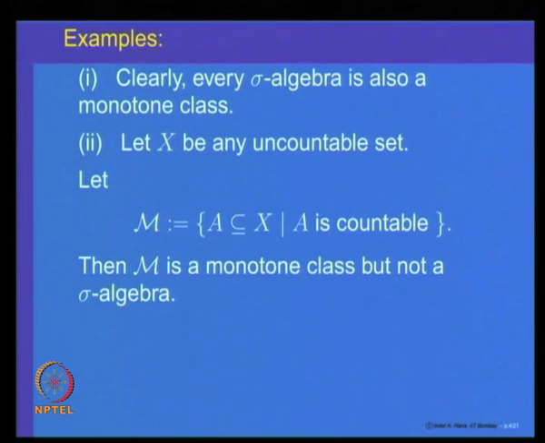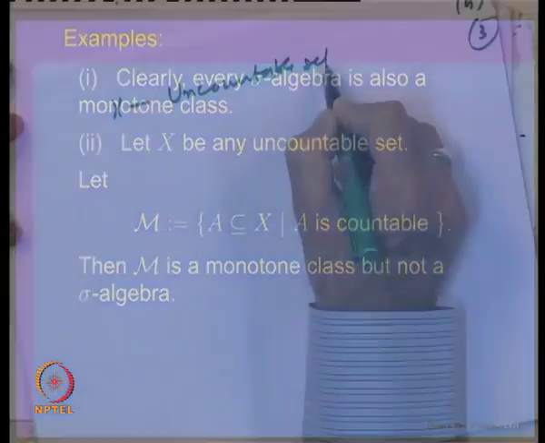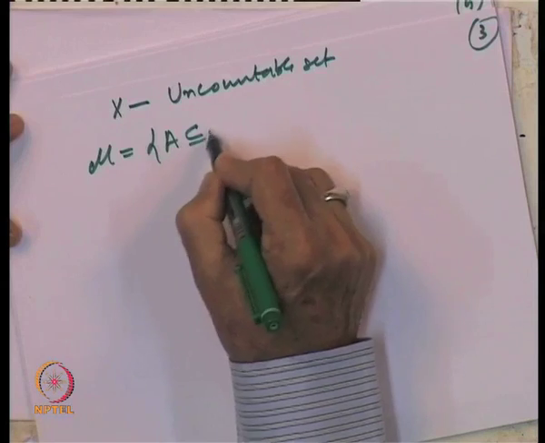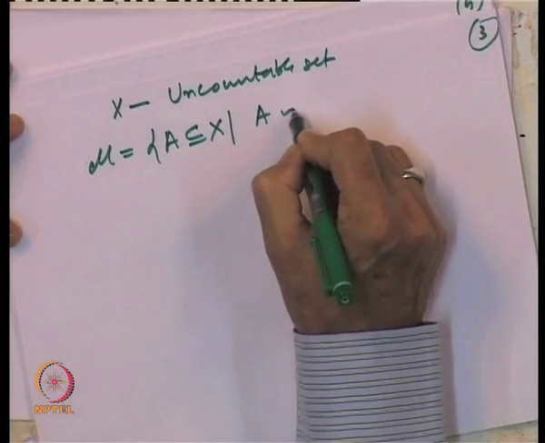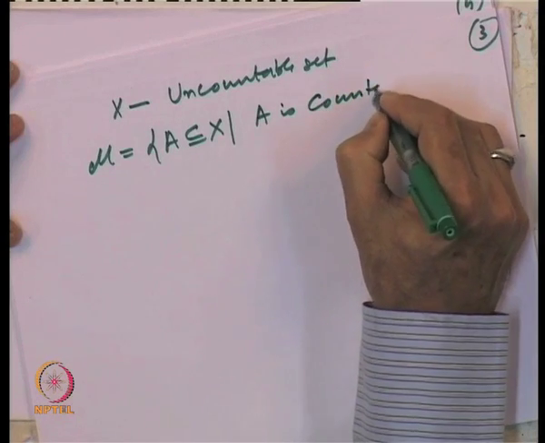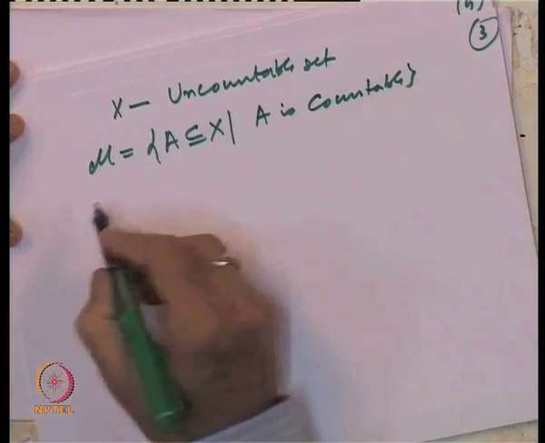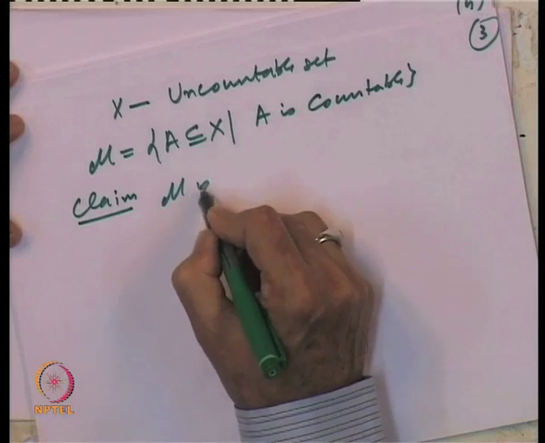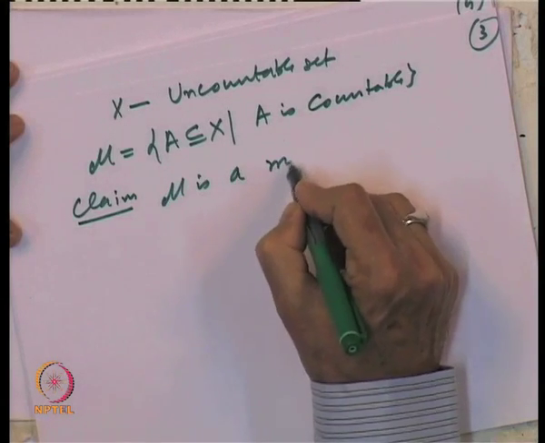So, let us look at M. X is uncountable, and we are looking at the collection M of all those subsets A of X such that A is countable. So, claim: M is a monotone class.